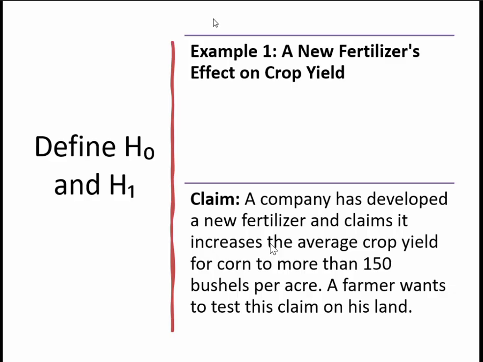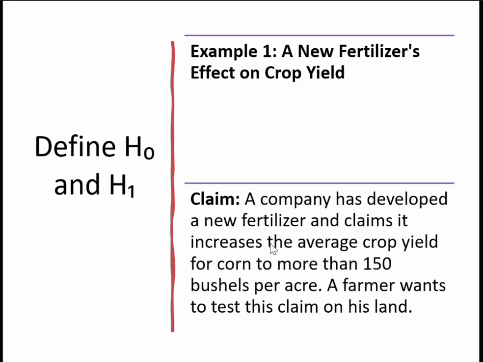Now, how to identify H1 and H0 usually comes with the question that follows. We said H1 is the claim that we want to find evidence for. So what are they finding evidence for? They are finding evidence for whether the fertilizer increases crop yield to more than 150.